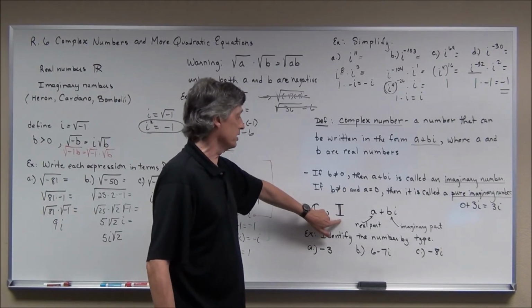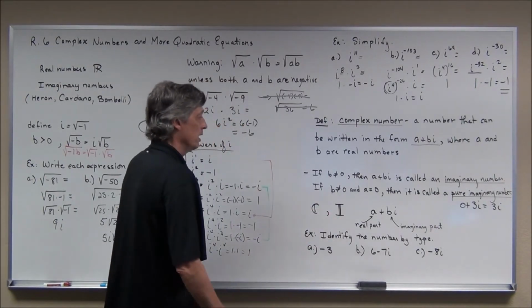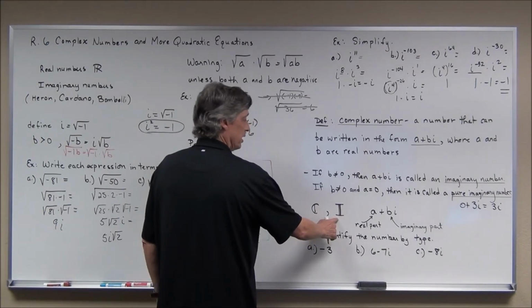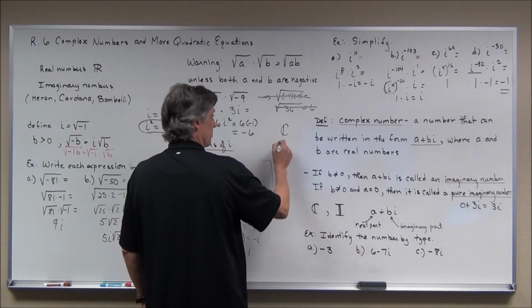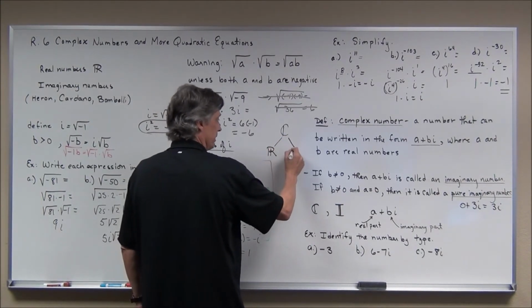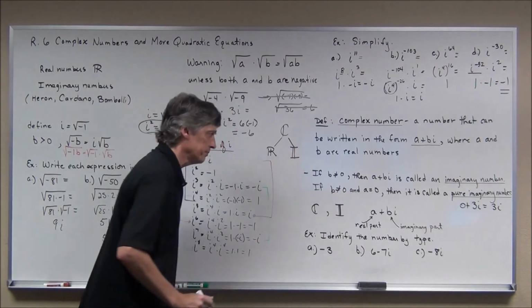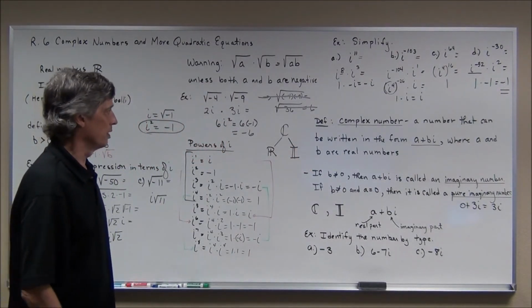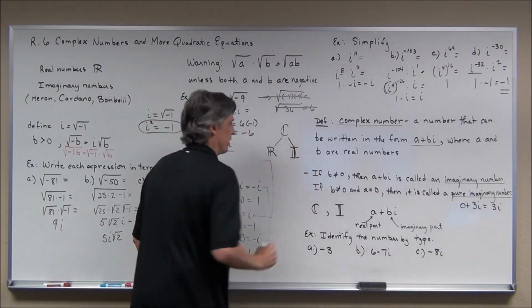Not as often do I see this one, which looks like a capital I with an extra little slash in there. In this textbook, they call this the set of imaginary numbers. So the set of complex numbers is made up of the real numbers and, if I can draw it here, the imaginary numbers.